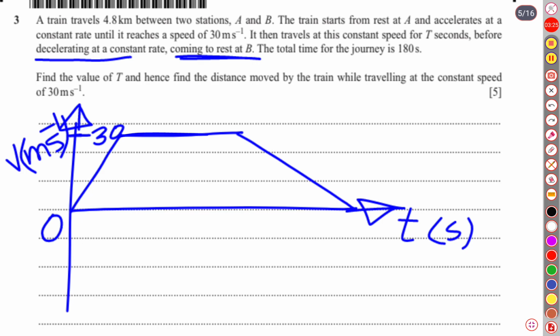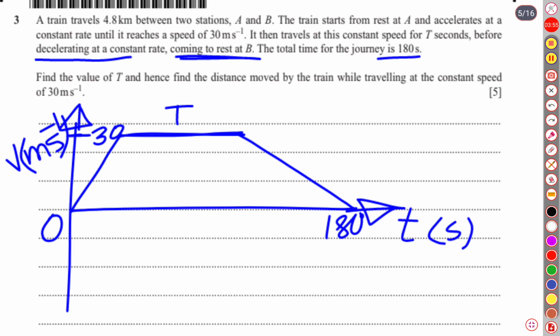Then this is our t, the time when the train was moving at a constant speed. And the total time taken by the journey is 180 seconds. This is 180.